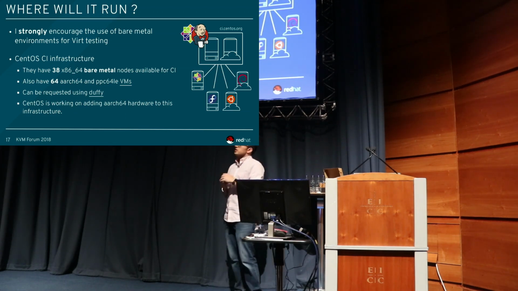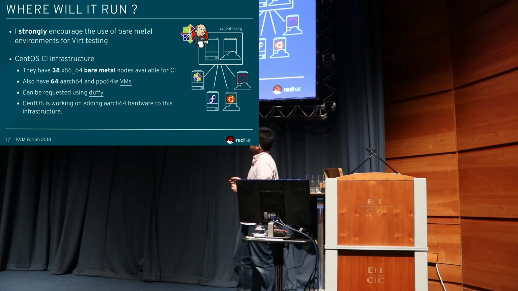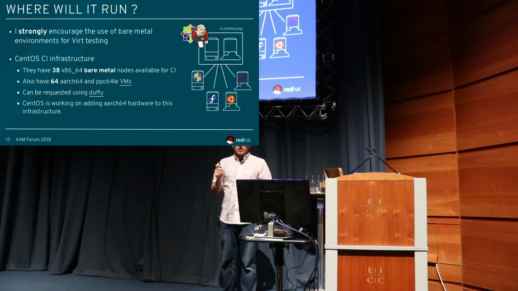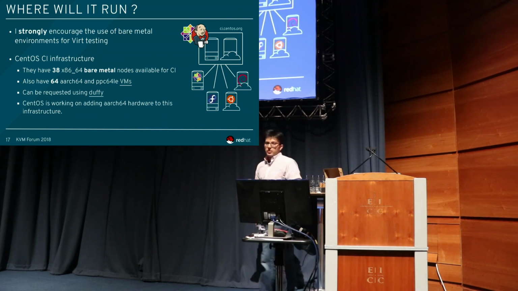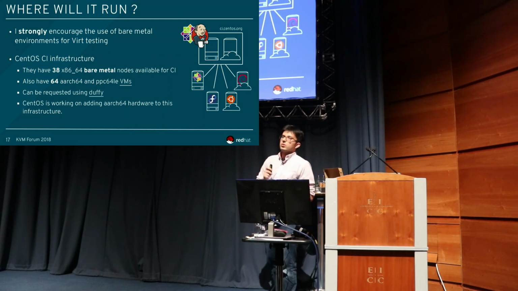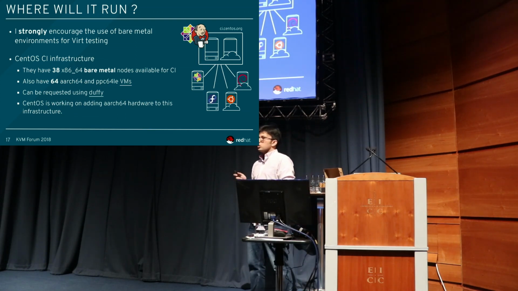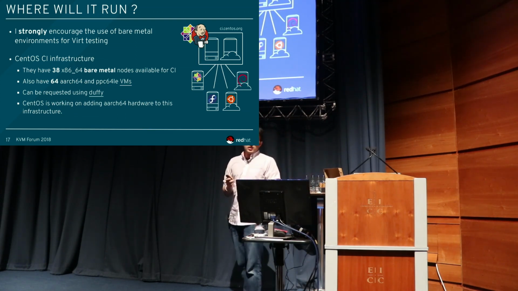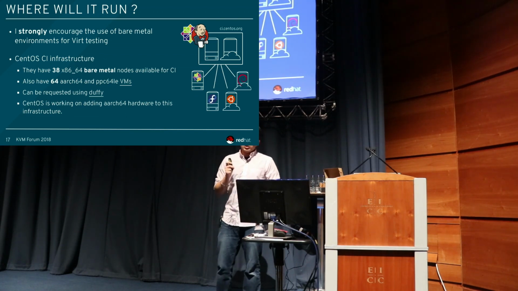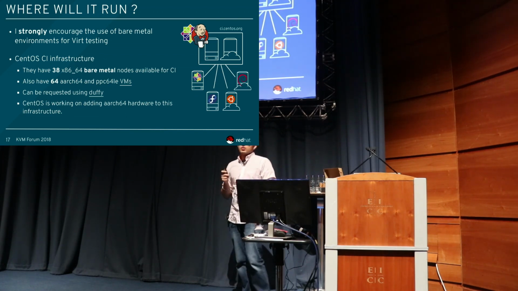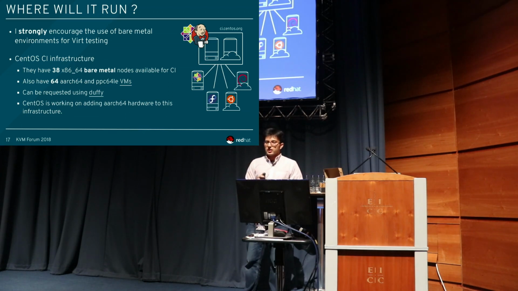My recommendation is the CentOS CI infrastructure. They have 38 x86-64 bare metal nodes, and they have 64 AArch64 and PPC64 LE virtual machines. They can be requested using an open source provisioner called Duffy, and they are also working on adding AArch64 hardware to their current environment.